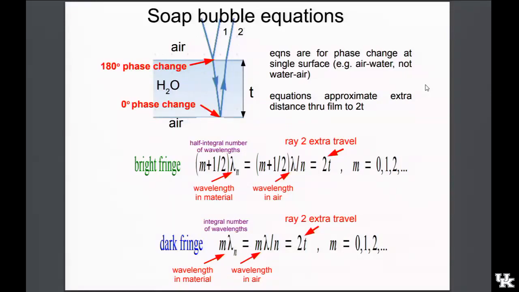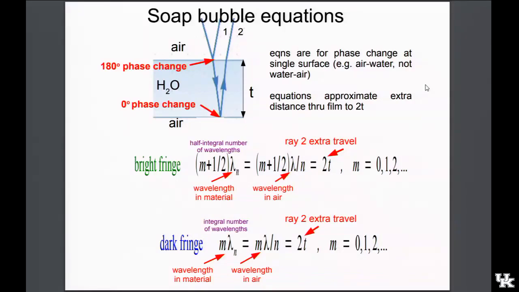So the extra distance is simply twice the thickness of the film, because you've got to go through the film once to reach the bottom surface and then back through the film to get out of the soap bubble. So the extra distance traveled by the wave reflected from the inner surface is twice the thickness of the soap bubble. And that's always the extra distance.